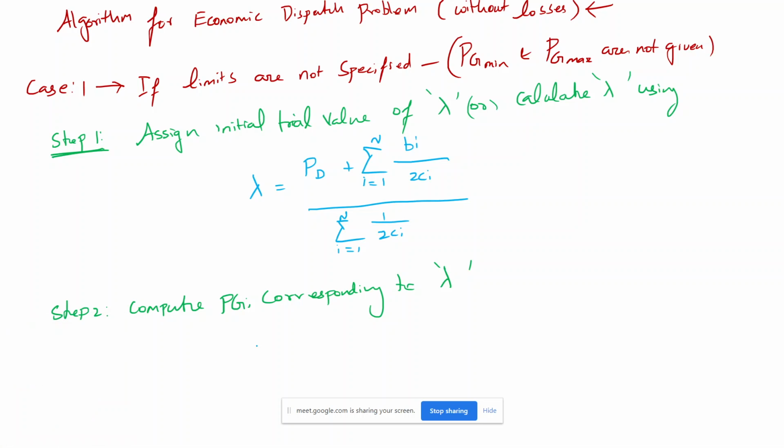Recall, someone tell me. PGi is nothing but, this also we have derived, (lambda minus bi) divided by 2ci, for all i equal to 1, 2 up to n. So for any ith generator, what is the power generated? You can easily calculate it if you know the lambda value and the b and c values. Just substitute and you will get it for this ith generator.